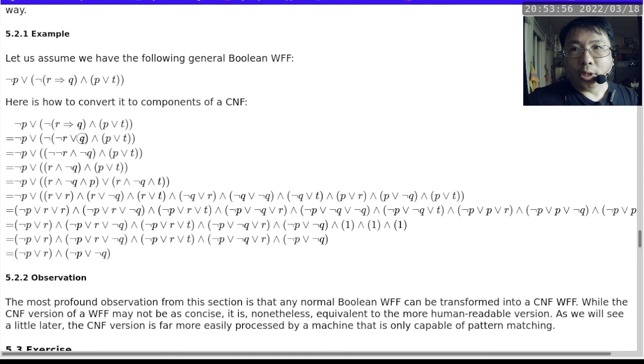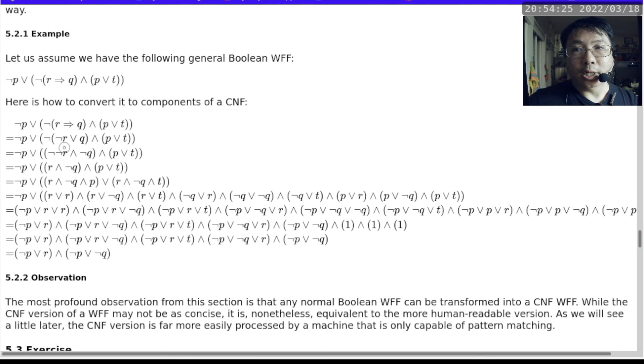Once you have that, whenever you see an opportunity to apply De Morgan's law, it's always good to apply it, because in the CNF, negation can only apply to a variable. That means if you have a negation applied to an or, or a negation applied to an and, you always want to move that negation into the terms of the originally negated expression.